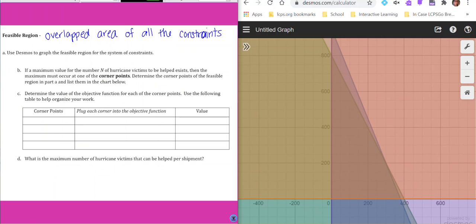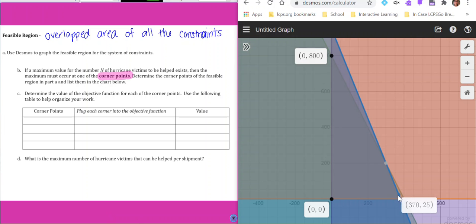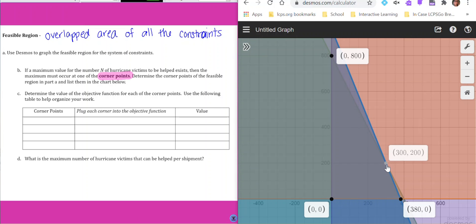And what we ultimately want to find are the corner points of this, because they're going to be the ones that we're going to plug into the objective function, because the corner points are where the maximum is going to occur. So there's one corner, there's another corner, there's my other 2 corners.